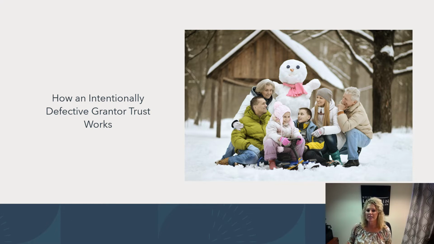In other words, once the assets are placed in the trust, their value is effectively frozen. Any appreciation that occurs does so outside of the grantor's estate. Now, the defective part of this arrangement is the intentional inclusion of a right or power that results in the grantor being treated as the trust owner from an income tax standpoint.